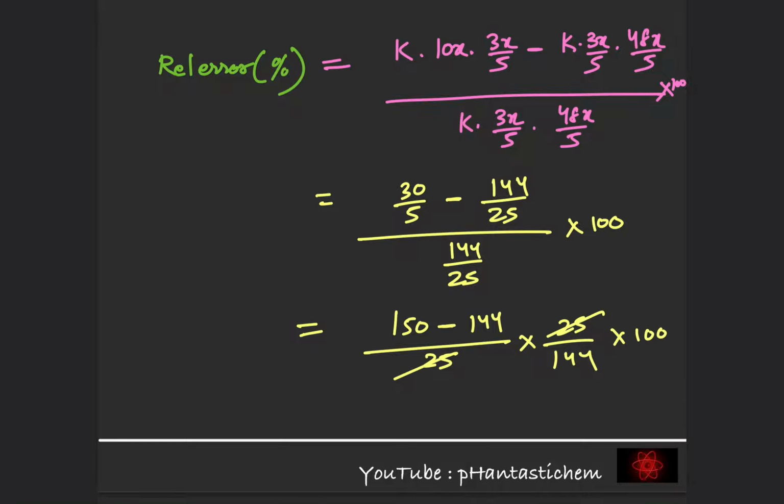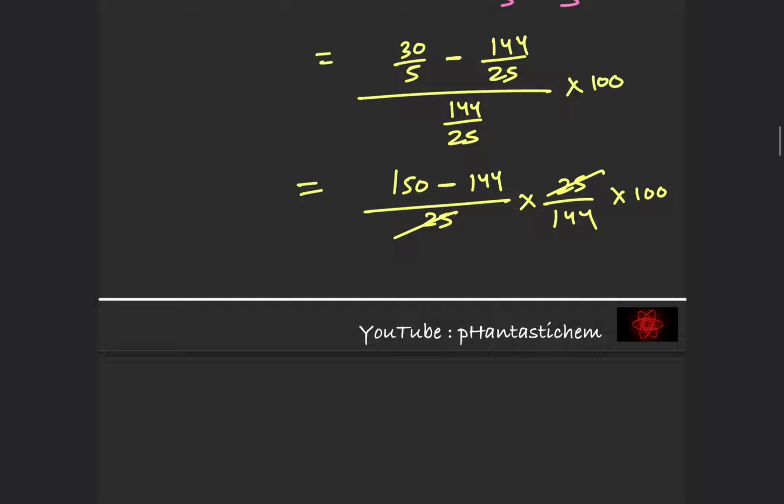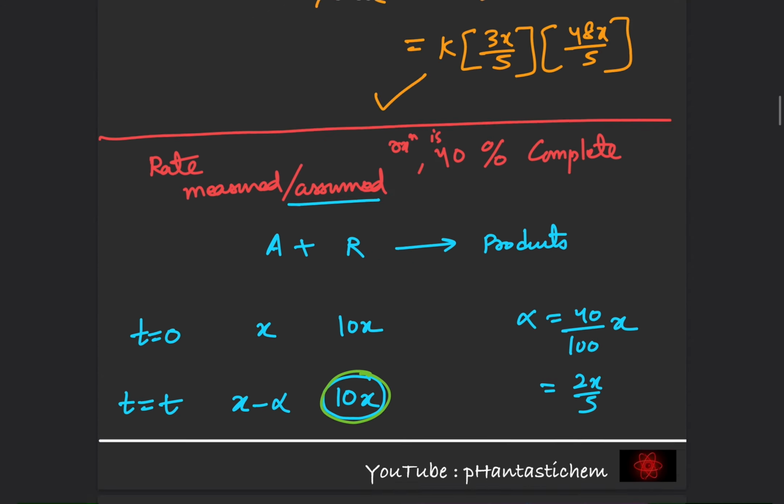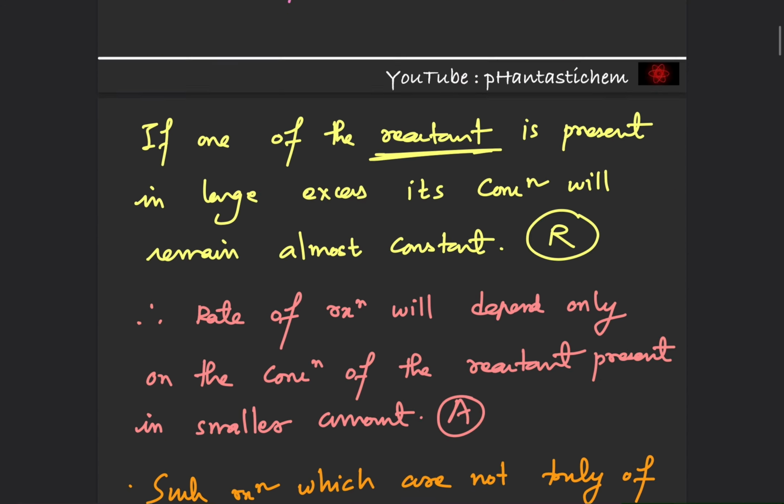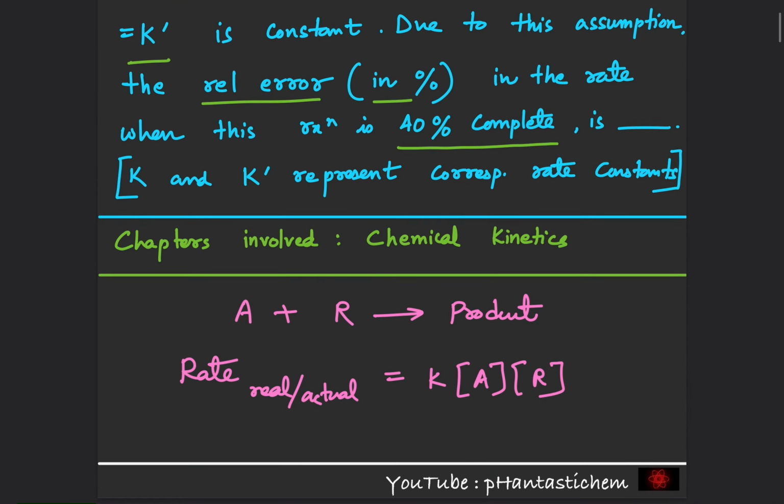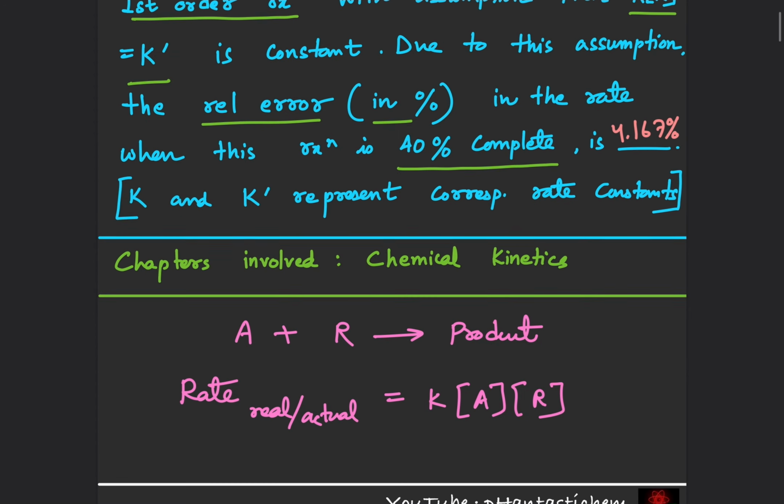So this gets cancelled, and so we are left with 6 by 144 into 100. So when you do this calculation, you will get your answer as 4.167%. So this is the relative error in percentage, 4.167. Okay, so the answer is 4.167%. Okay, thank you.